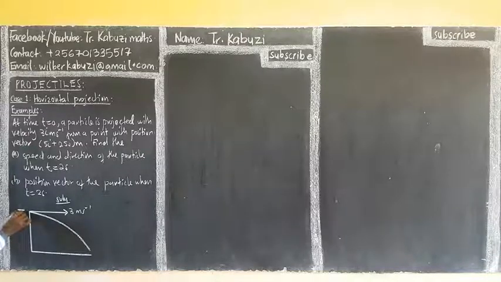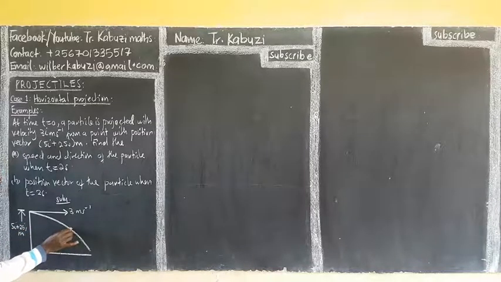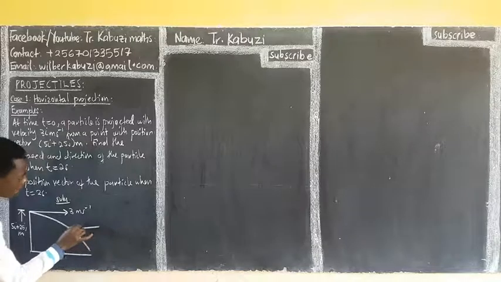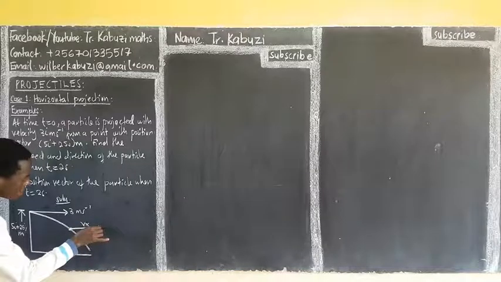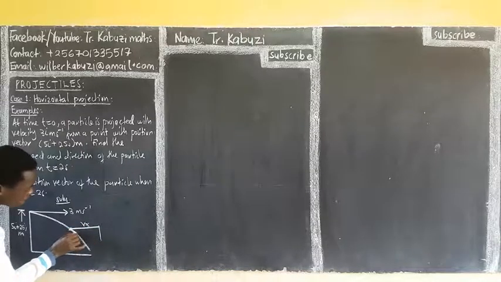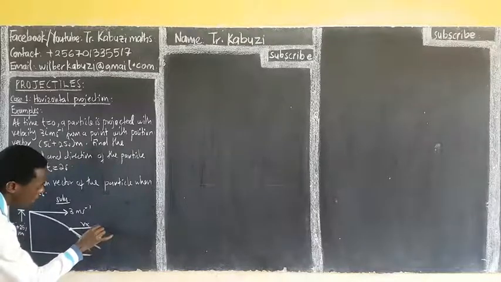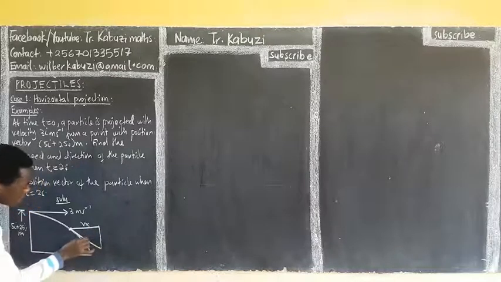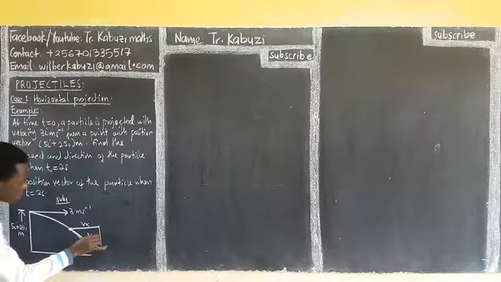So this one is going to be 5 plus 25j meters. Okay, you know from here, that particle will reach a point there. This will be rx, then that will be ry, then there will be that v, then this is going to be our vy.